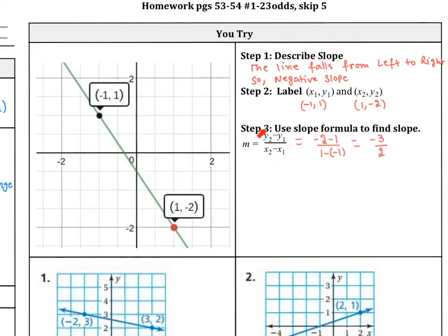And now I'm going to use the slope formula. So y2 minus y1, which is -2 minus 1, divided by x2 minus x1, so 1 minus -1, so it's going to be -3 over 2. So negative slope because it's falling from left to right.